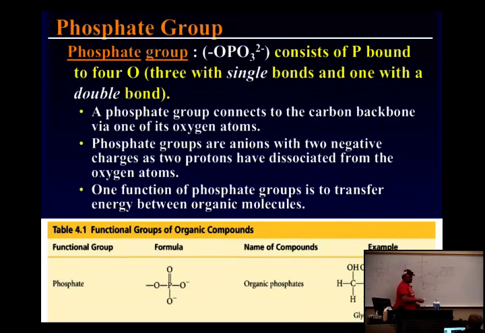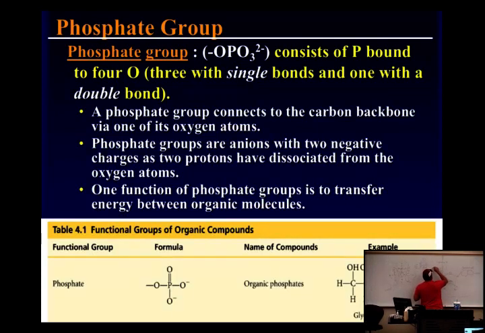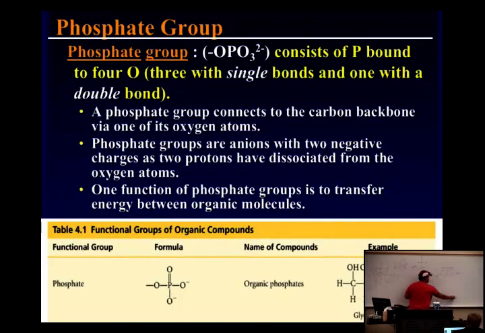Okay, so this is called a nucleotide. It consists of three parts. One is the base. This is the sugar. And this is the phosphate group. So all three of those together is called the nucleotide.